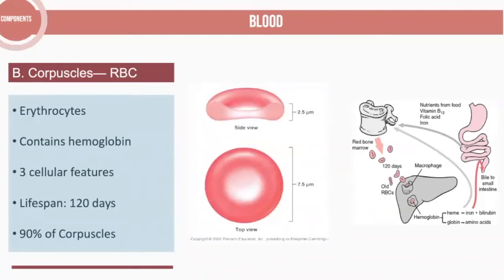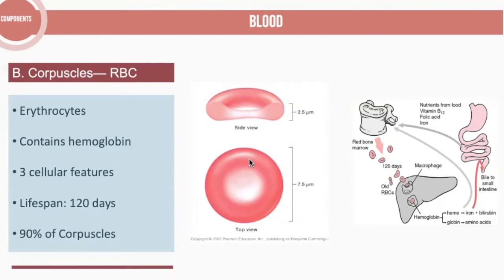Your RBC has three unique cellular features. One, it's anucleate. That means it doesn't have a nucleus, and that is to accommodate more hemoglobin. Next feature is that it's biconcave, so it means it's a flattened disc, and its shape, as we can see here in the figure, and this biconcave shape increases the surface area for oxygen absorption.